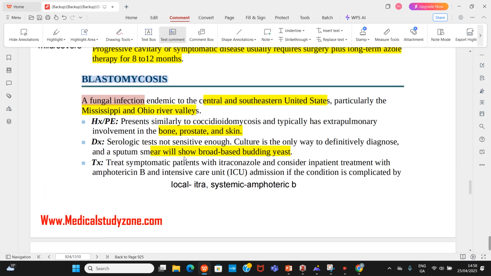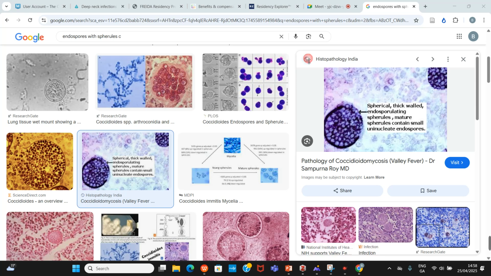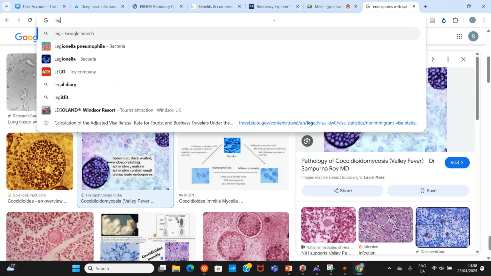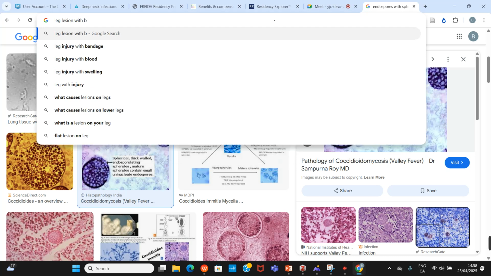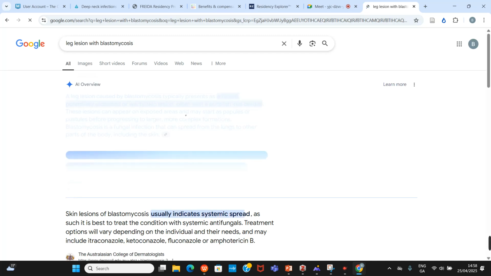So just focus on the result of the culture. It helps us to narrow it down. Broad-based budding yeast, BB, blastomycosis. So let us look at the leg lesions. We see someone with blastomycosis. We see the way it looks.